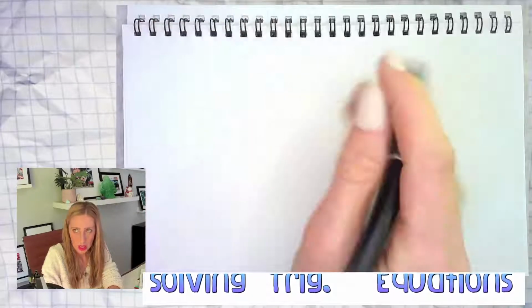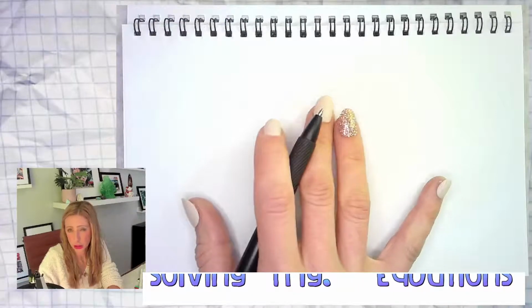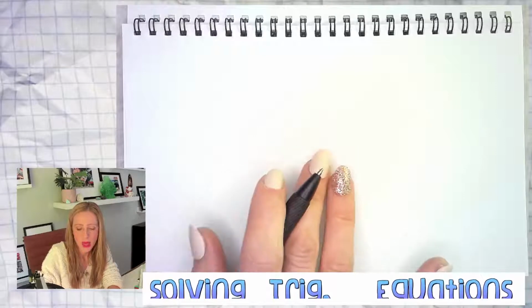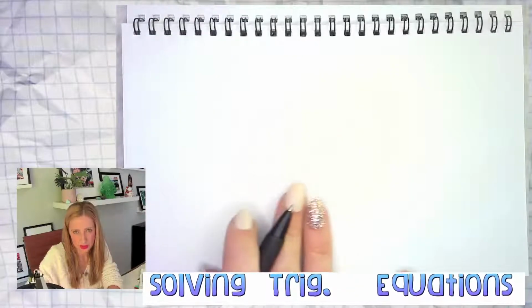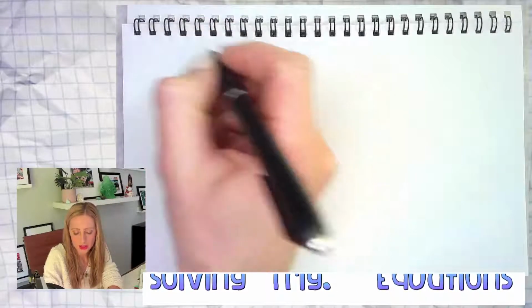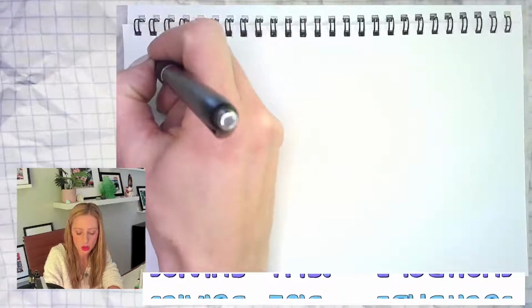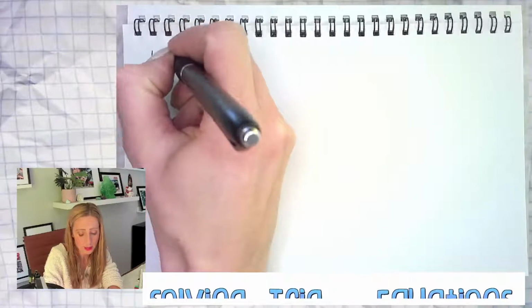So I'm not going to draw out the entire circle here. I would assume that you know where the angles are, or that you have that in front of you or accessible to you, and that you more or less know sine and cosine everywhere. However, I'm going to draw a little bit of a circle, and I'm also going to use the quotient identity to help me out.